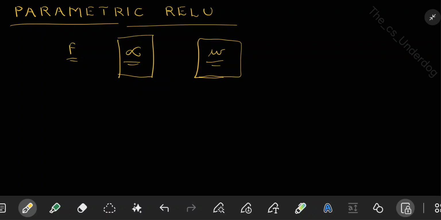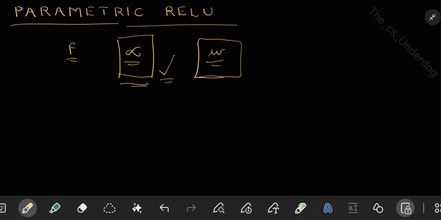So we are not going to fix anything. Instead, whenever you want this alpha value for your negative inputs, you will let your neural network learn this during training. Let us write the function first, then we'll be more clear about how alpha is affecting here.